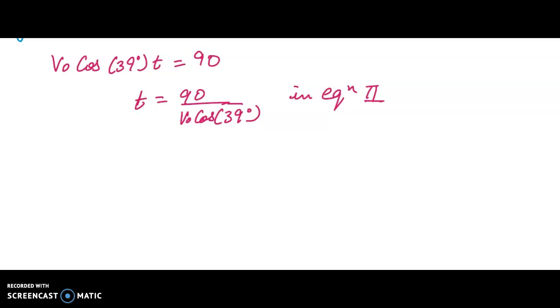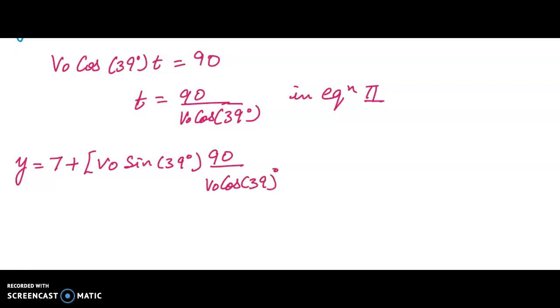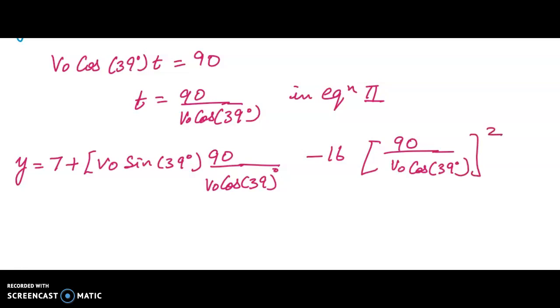Equation 2 was something like this: sine 39 degrees. Instead of t, I will put the whole thing that we just got, 90 over velocity cos 39 degrees, minus 16 and everything, and squared because t was squared. This is what we are getting right now.